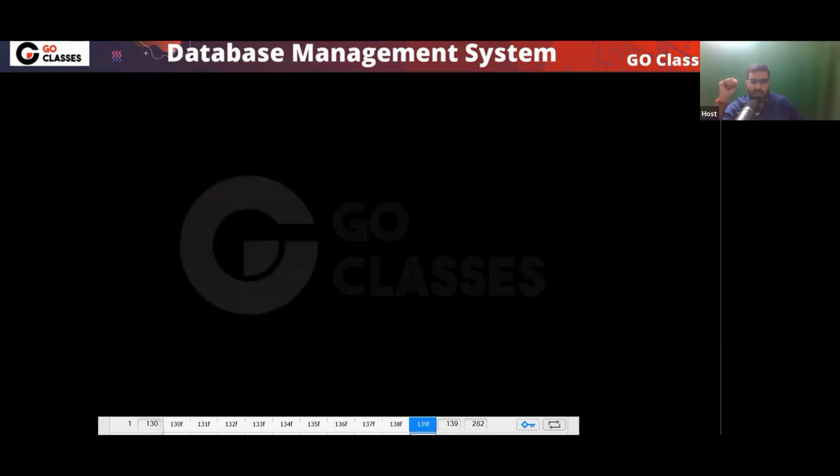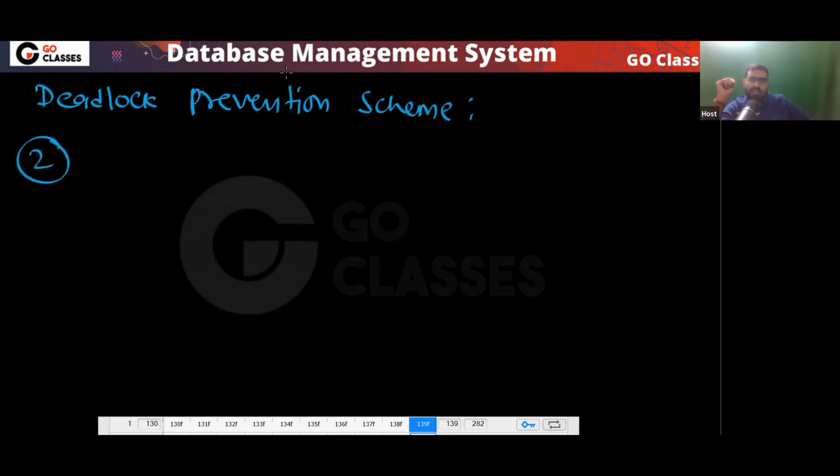What is another deadlock prevention scheme? From your operating system, you tell me. Numbering the resources. Yes or no? Correct.